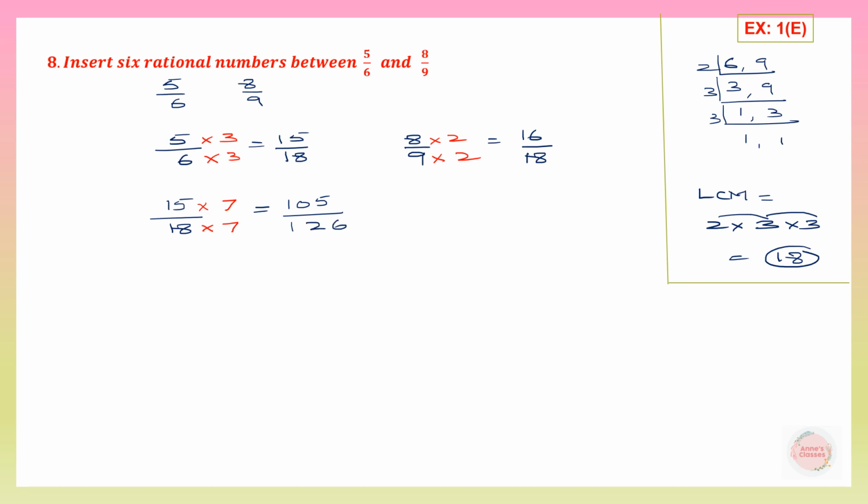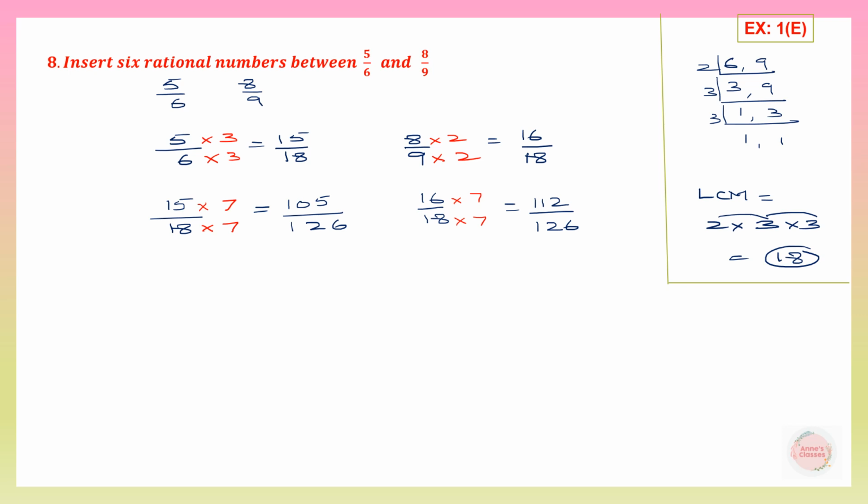Now take the next one, that is 16 by 18, and multiply both by 7. So this by 7 and this by 7. 16 into 7 is 112 and 18 into 7 is 126. So now we have 105 by 126, 112 by 126. The numbers between 105 and 112 will be the rational numbers in between.